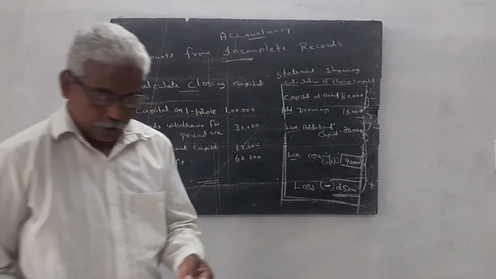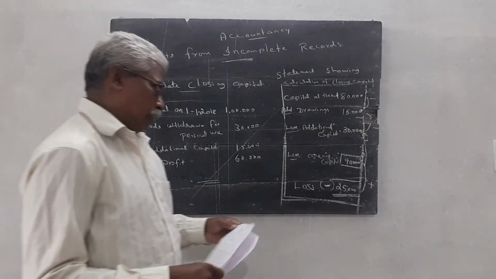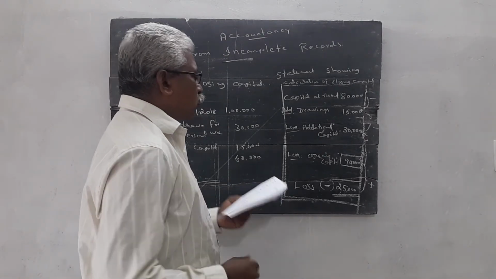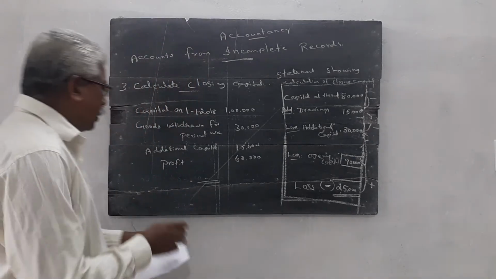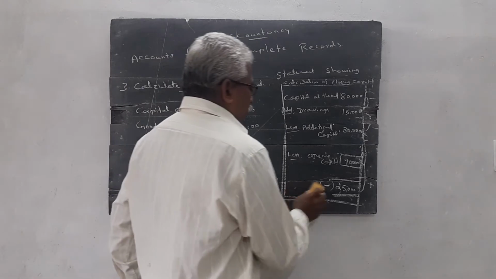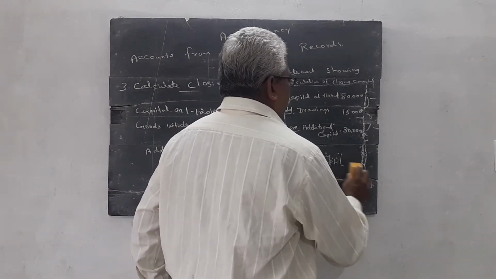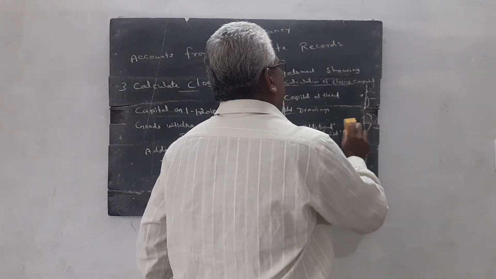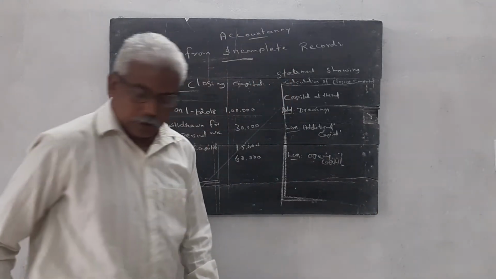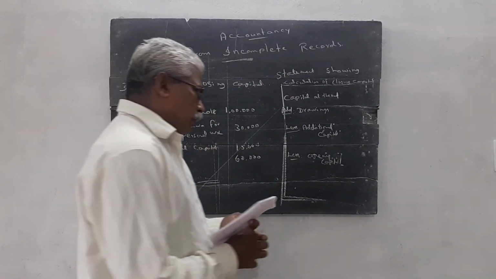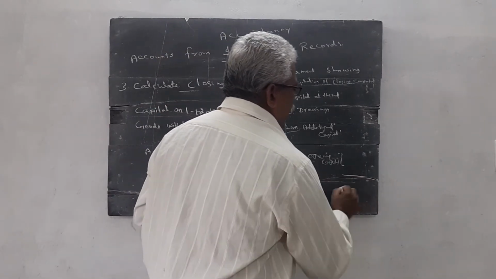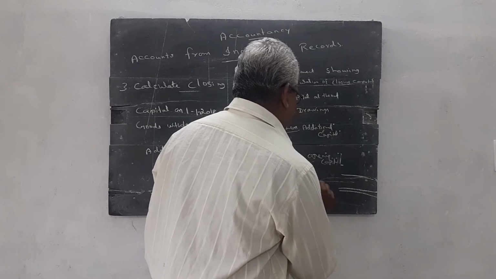You write the same formula. Capital at the end, add drawings, less additional capital, less opening capital. In this question, the profit is given, so you change the word profit. Capital at the end, add drawings, less additional capital, less opening capital, you can get profit.